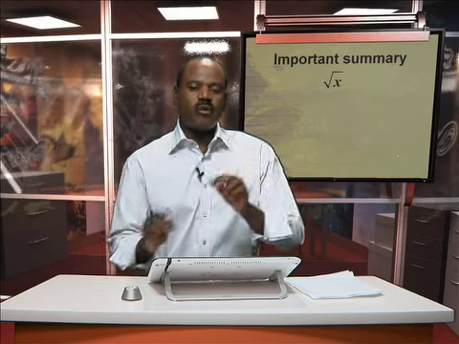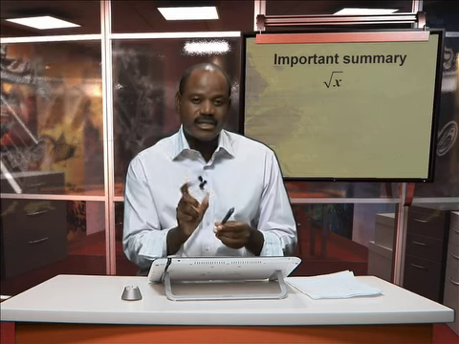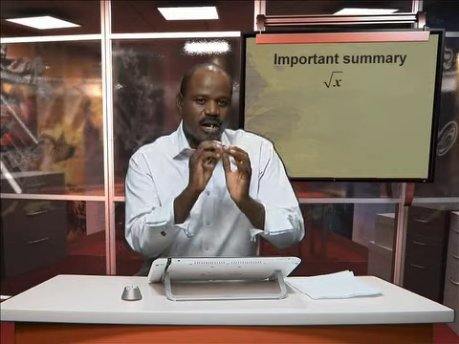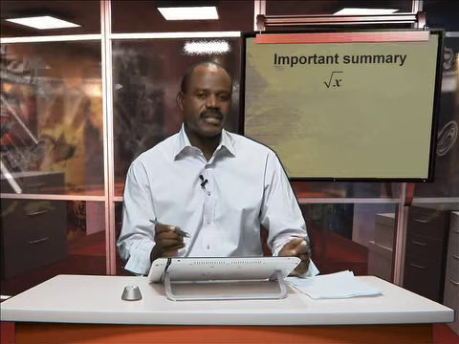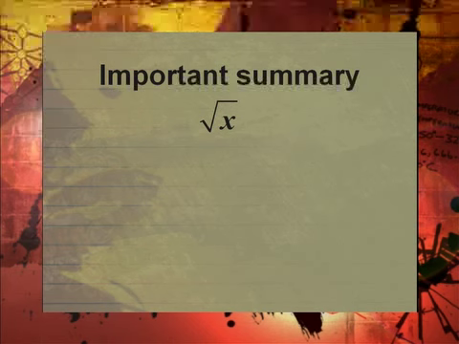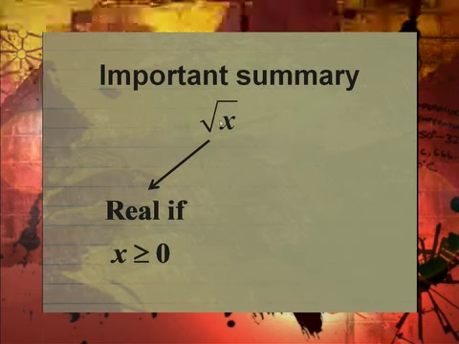Good. Now, an important summary. I'm going to deal with the square root of x, where x is inside the root sign. I'm going to take it out and talk more about it outside the square root. The square root of x is real only if that x inside is a positive number, or equal to 0.